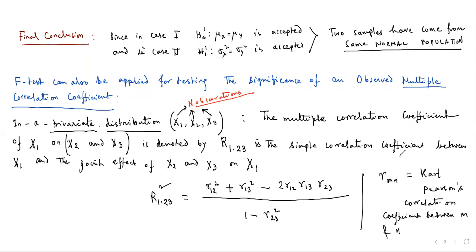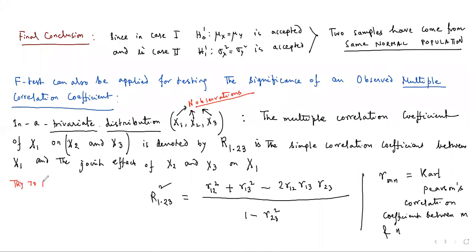And similarly, you can also try to find out from the above expression what will be the corresponding formula for other types of multiple correlation. Say for example, here I'm giving it to you.